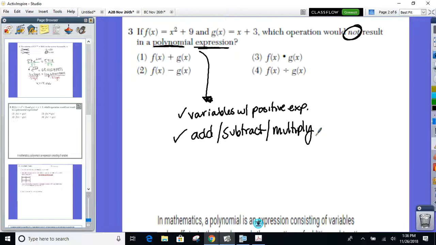I'm not expecting you to write this down, but 3x squared plus 22x, that's a polynomial expression. Why? Positive exponents, and what am I doing to them?